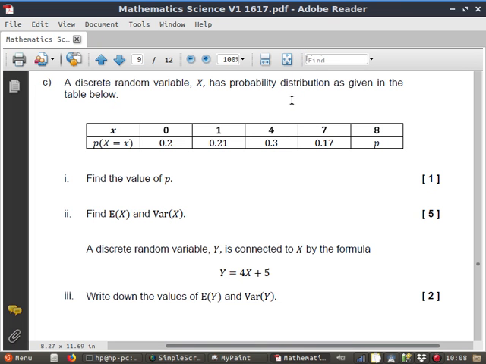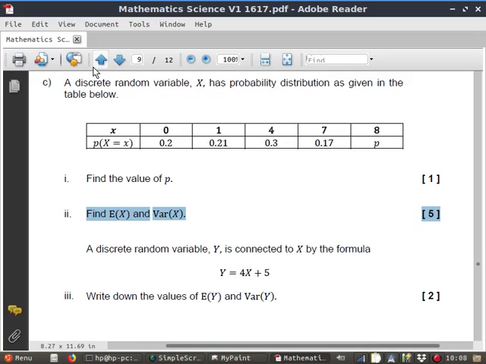What's wrong, Amjad? I did it another way. How did you do it? Why don't you multiply 0.2 by 0 and 0.2? That's the next part. I'm finding P. Find the expected value of X. So that's what you said, Amjad.